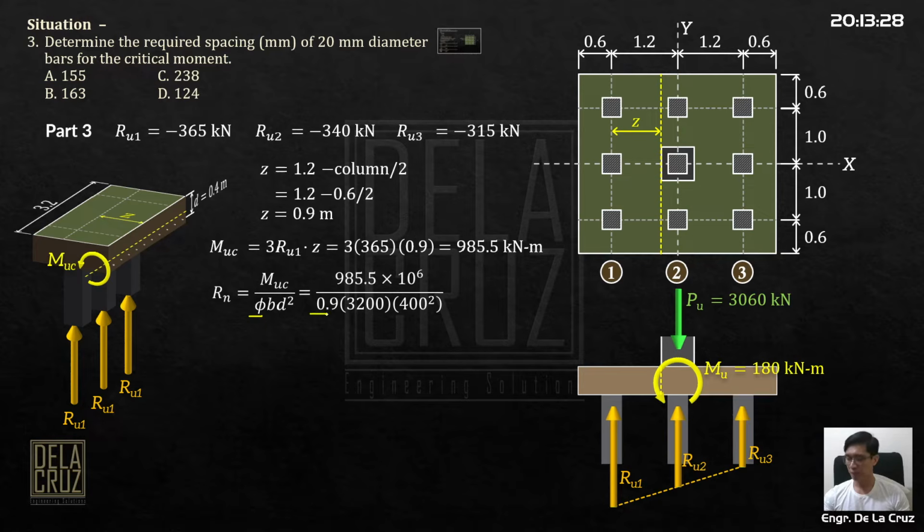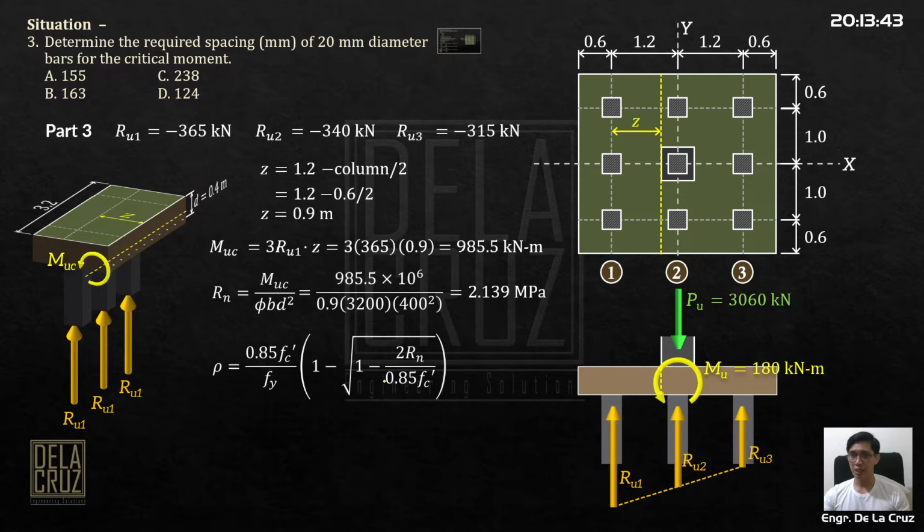Reduction factor per moment is 0.9. Yung b natin is 3,200 millimeter. Yung ating depth is 400. So, we have 2.139 megapascal. Then, kukunin natin yung required steel ratio using that formula. Given to lahat, Fy, fc prime, Rn, nakuha natin the previous solution.